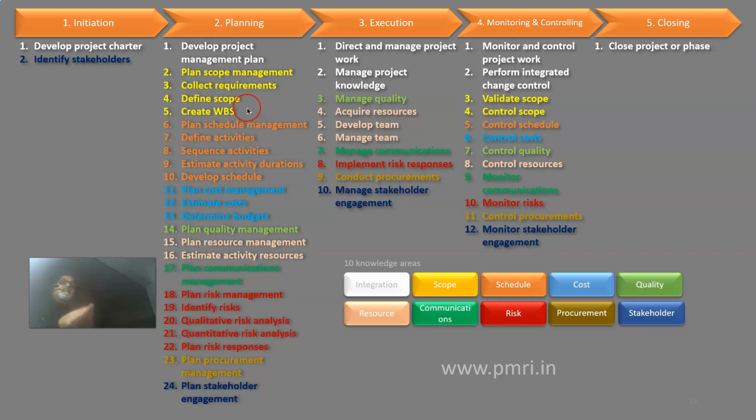Then decompose. Once the scope is defined, then we decompose the scope into a work breakdown structure. Then we have to plan for schedule management, and then we decompose the work packages of the WBS into activities, and then sequence those activities based on their dependencies, like finish to start, start to start, start to finish, and finish to finish.